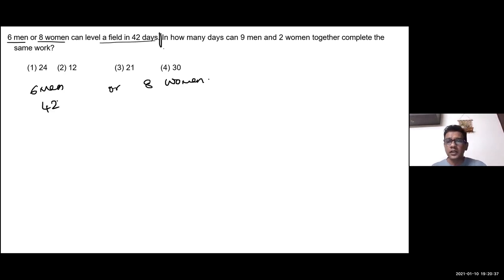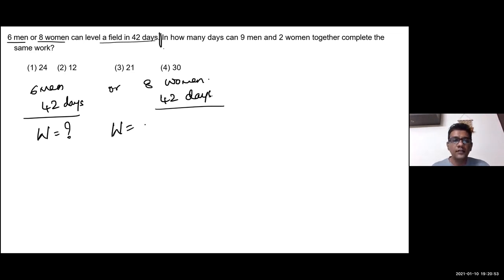Means 6 men can also complete a job in 42 days, 8 women can also complete the job in 42 days. So first and foremost I need to find out what my work is. My work is nothing but 6 into 42, or my work is nothing but 8 into 42.